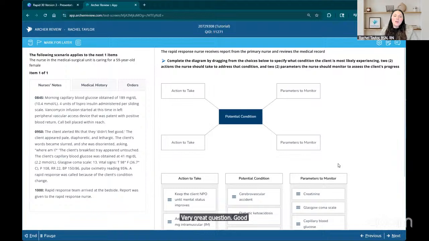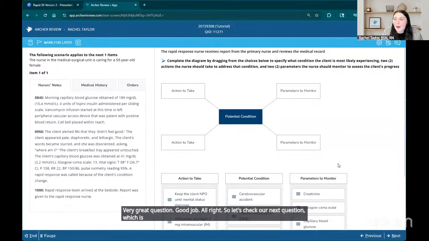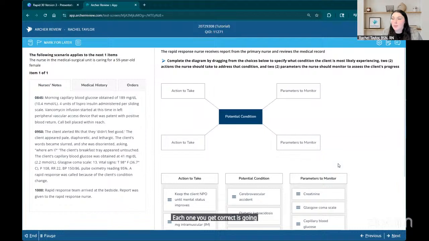All right. So let's check our next question, which is a bow tie. A bow tie is worth a total of 5 points. Each one you get correct is going to get you a point. Now, where I recommend really making sure that you focus is under the potential conditions.